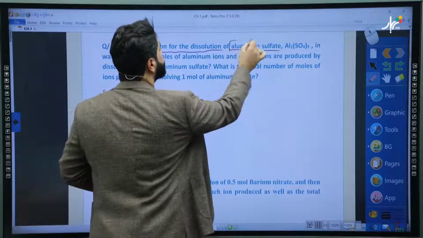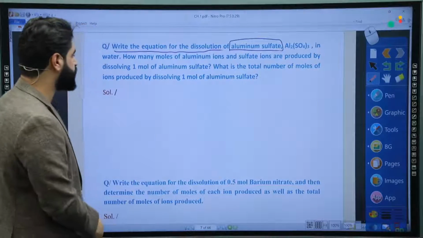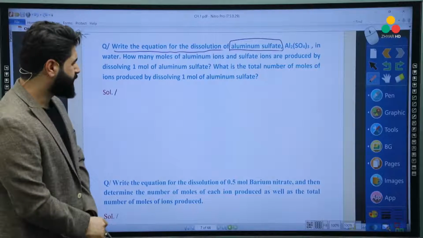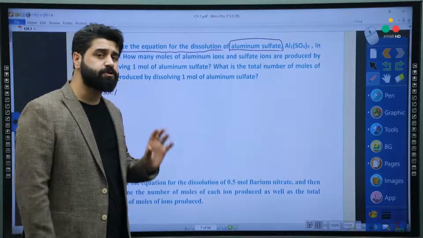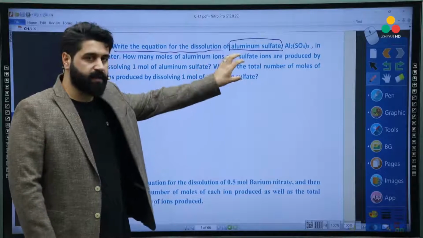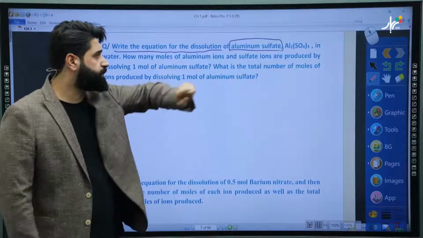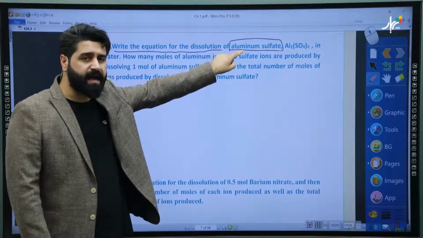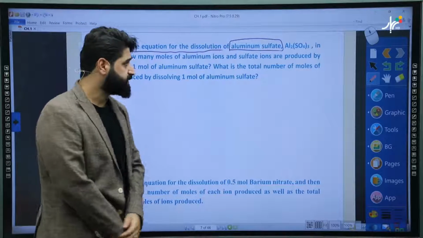Our compound is aluminum sulfate. But the name is not everything. You have to know its formula. First step, point at your compound and you have to know its formula, please.